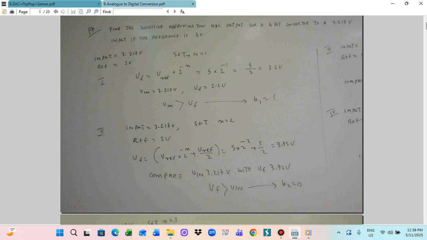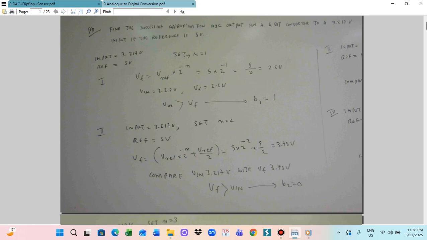So you can calculate this. V reference is 5 volts multiply 2 power minus 2, since n is 2, plus 5 divided by 2. By solving this, you get Vf is 3.75 volts.